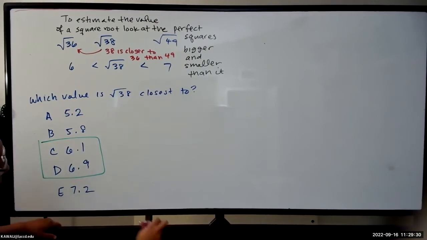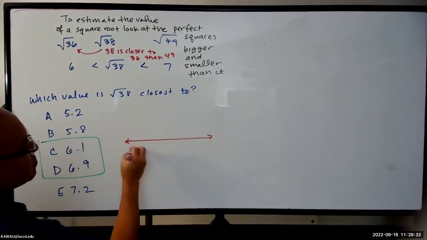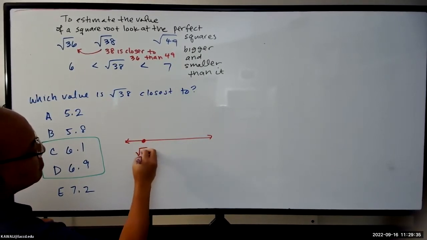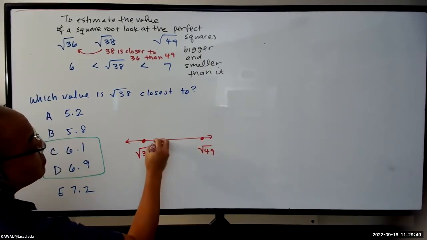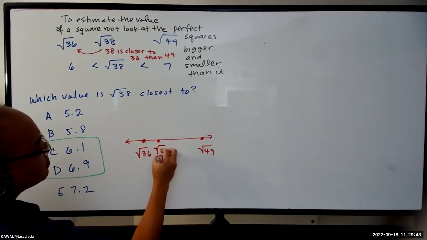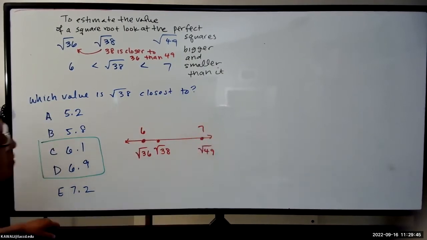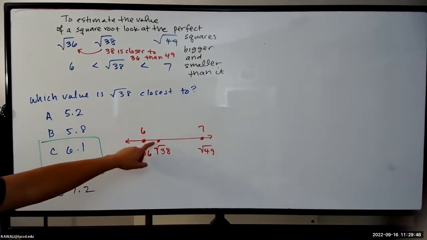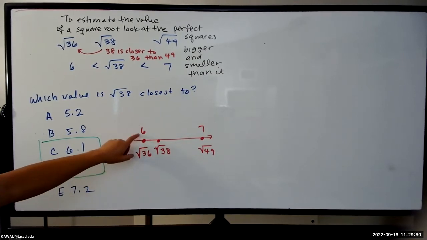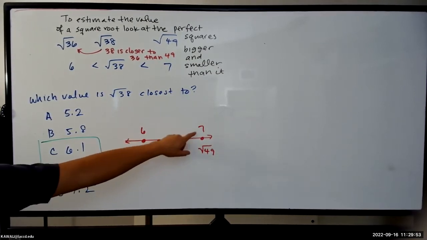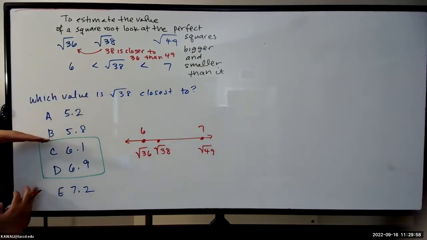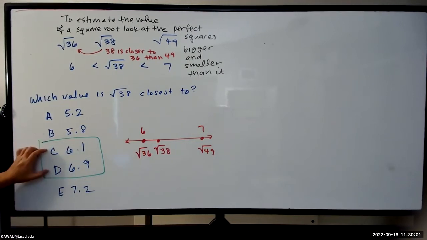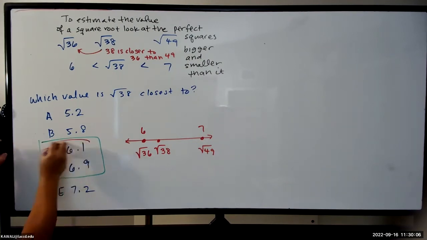If we were to look at a number line, this point is much closer to 6 than it is to 7. So these are the two I'm considering, and it's closer to the smaller number.